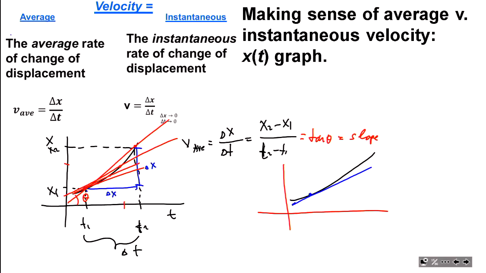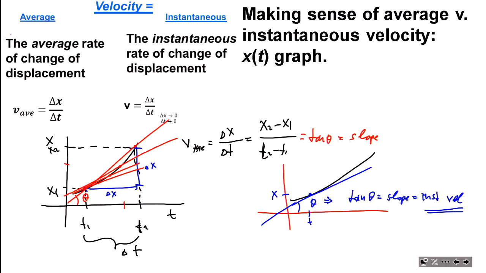And the slope of this line will be equal to the instantaneous velocity at this instant, at that location. That's how we can always get the value for instantaneous velocity.